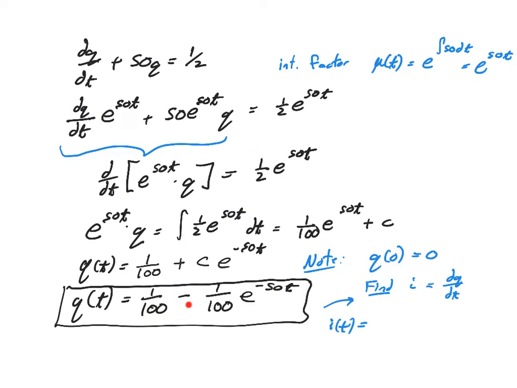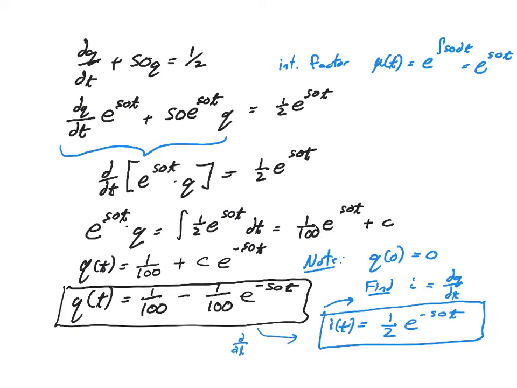Bring the 50 down, that becomes positive. So that's just going to turn into 1/2 e^(-50t). All I did there was take the derivative with respect to t to get I of t. And that's our answer for both of those.